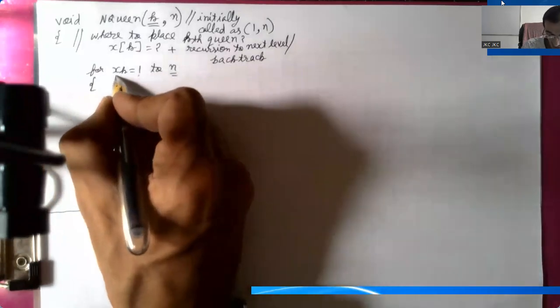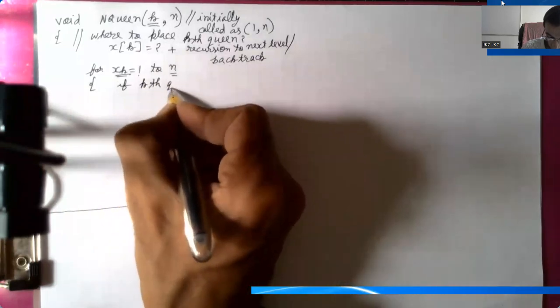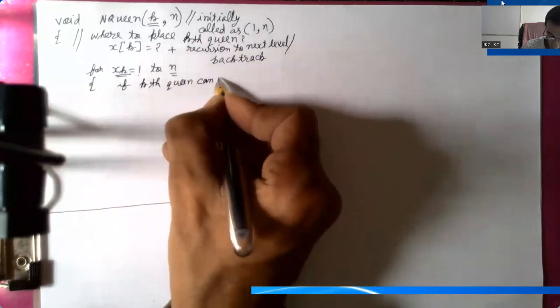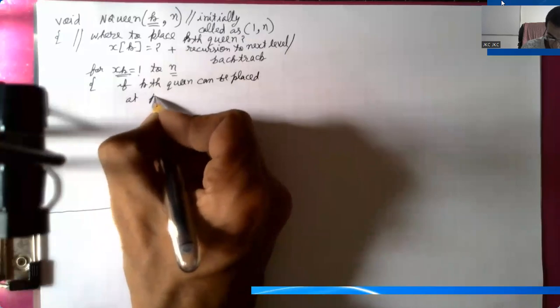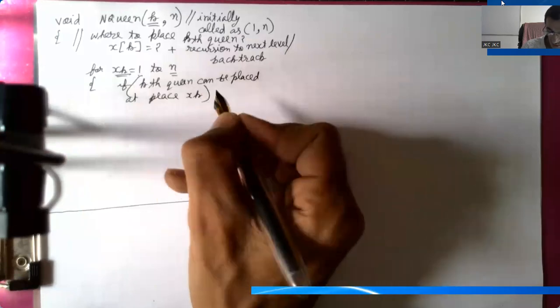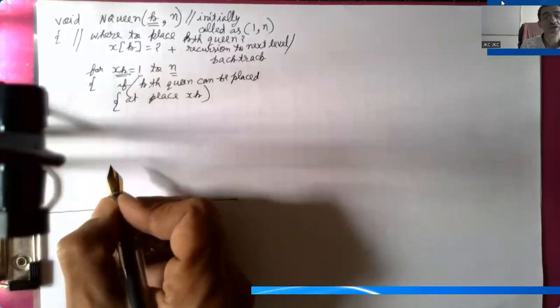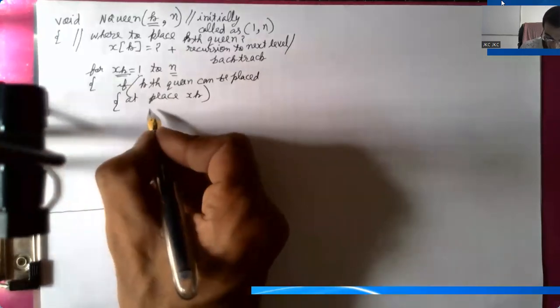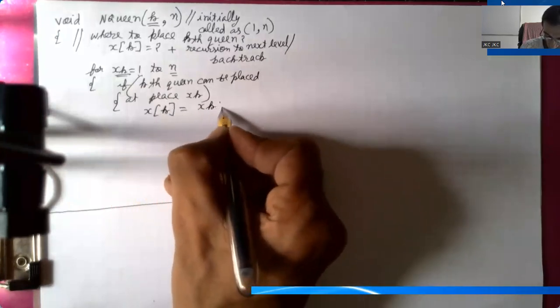Now, xk means the current queen can be placed at place xk. So if the kth queen can be placed at place xk, if true, what to do? If false, what to do? True means the value is acceptable. So I can easily say I will store this value into my X array.